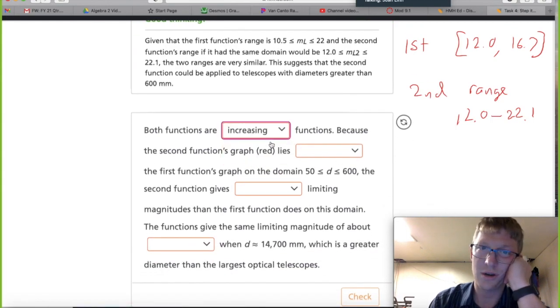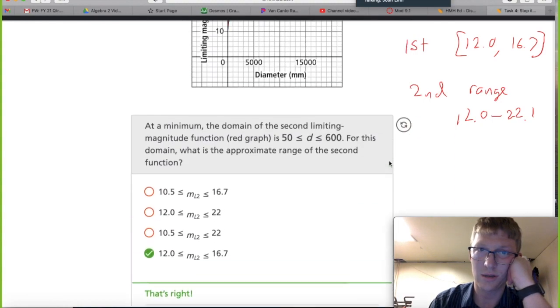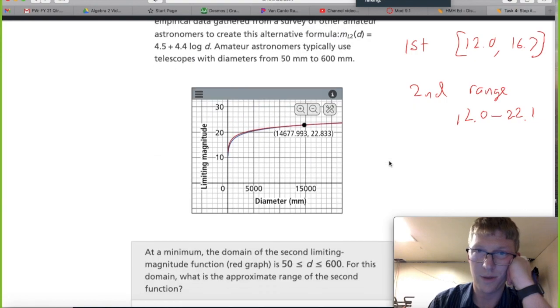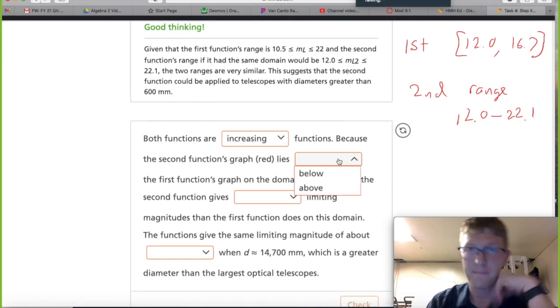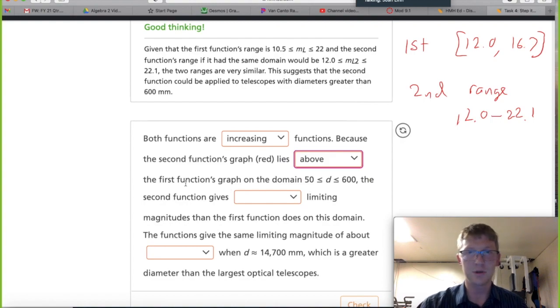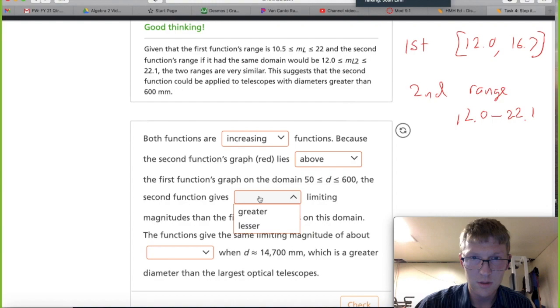Both functions are increasing functions, because the second function's graph, the red line, lies above the first function's graph on the domain 50 to 600.